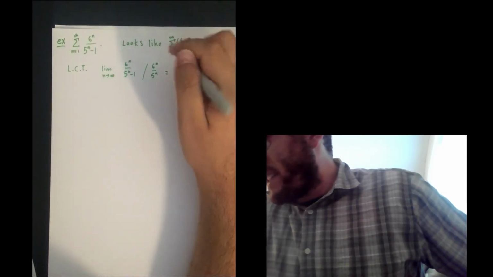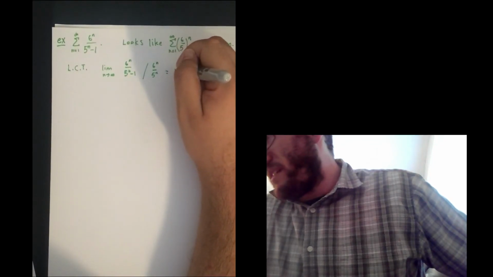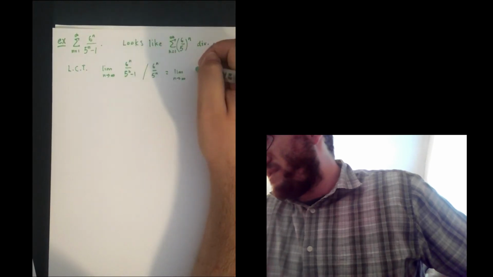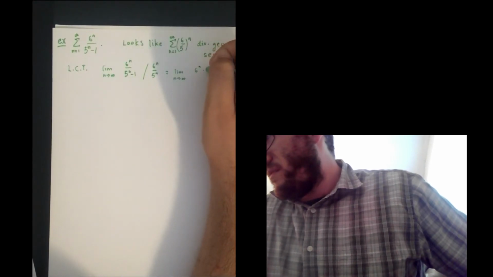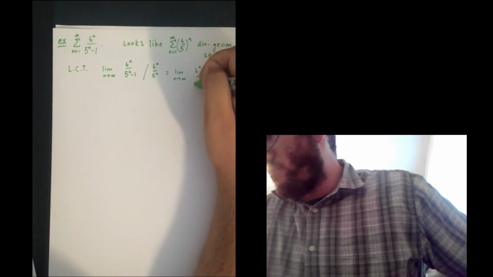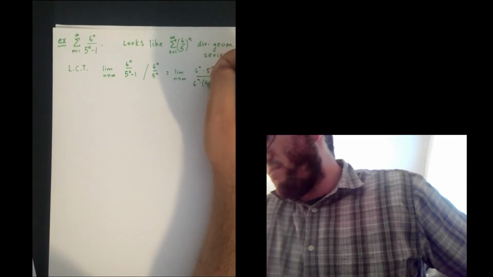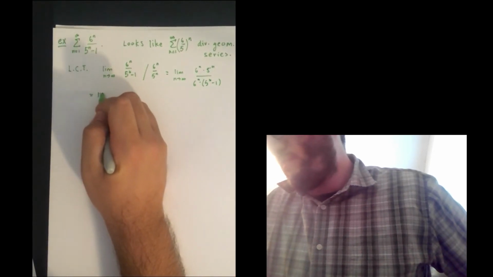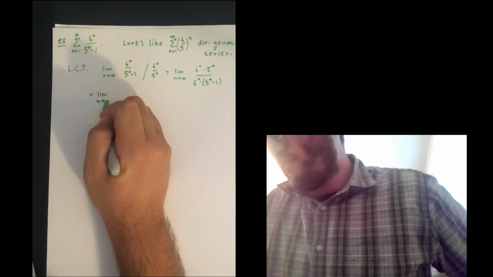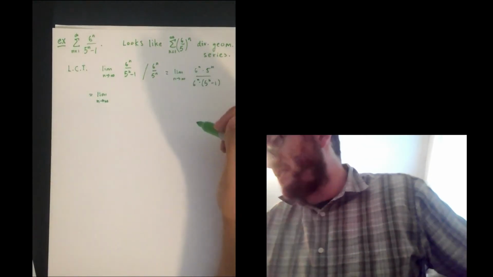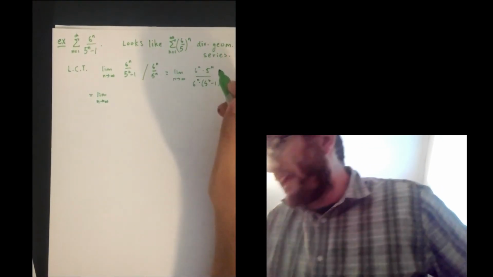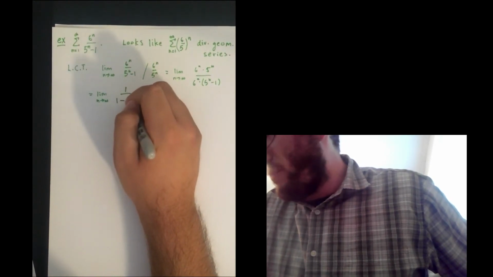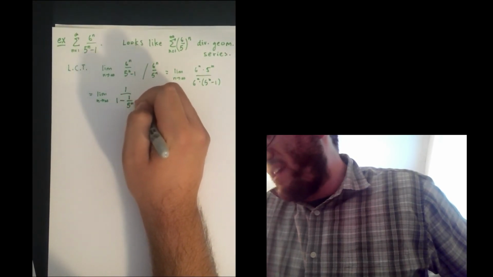Simplifying fractions, we can cancel out the 6 to the n's, and if we cancel out the 5 to the n's as well, what we're left with is 1 divided by 1 minus 1 over 5 to the n.